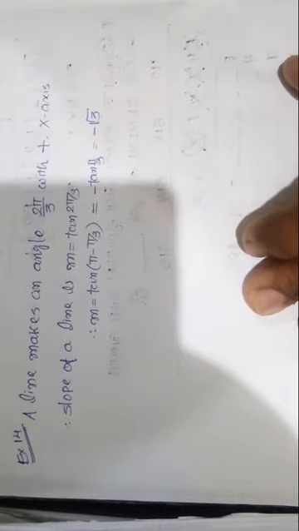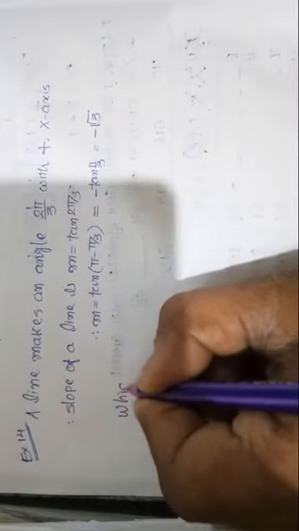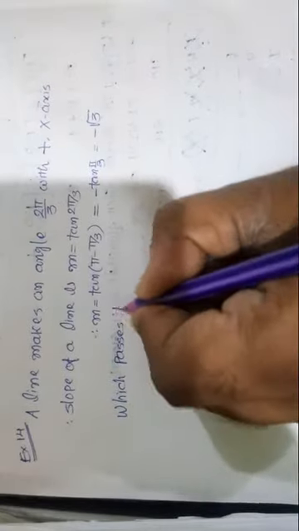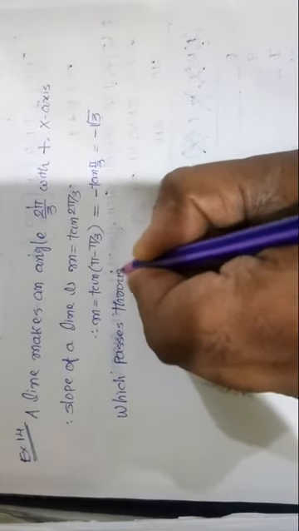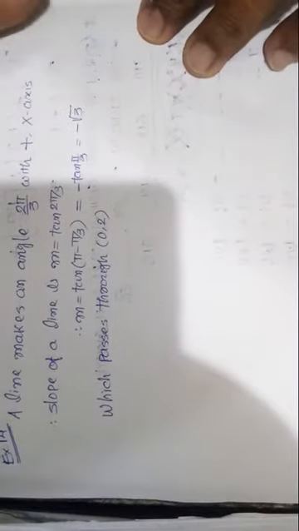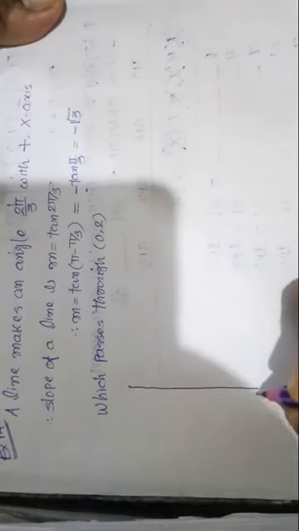One more thing is given: this line passes through (0, 2). So both things are given in your question. Now let's try to plot this line in the R² coordinate system. The y-axis is here and somewhere here is the x-axis.